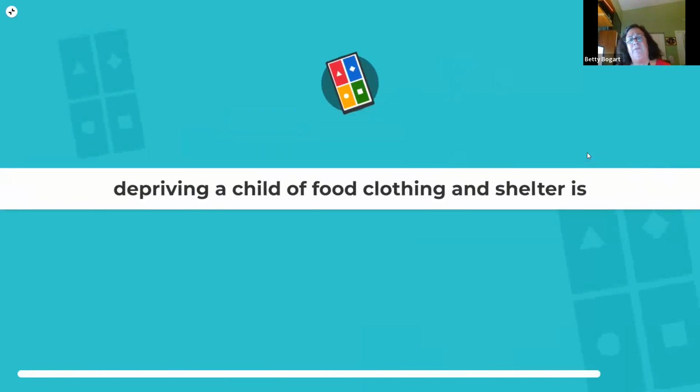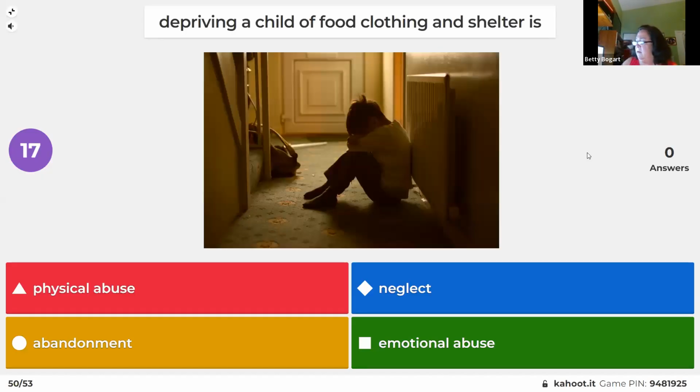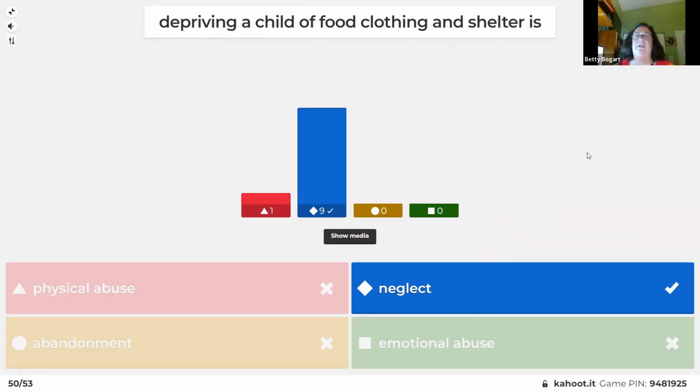Depriving a child of food, clothing, and shelter, what is that called? It's absolutely neglect. I mean, there was a case where two children were out in the front yard playing with the ball. One of the balls went out into the road, and the car just slightly touched the kid running out in the road.